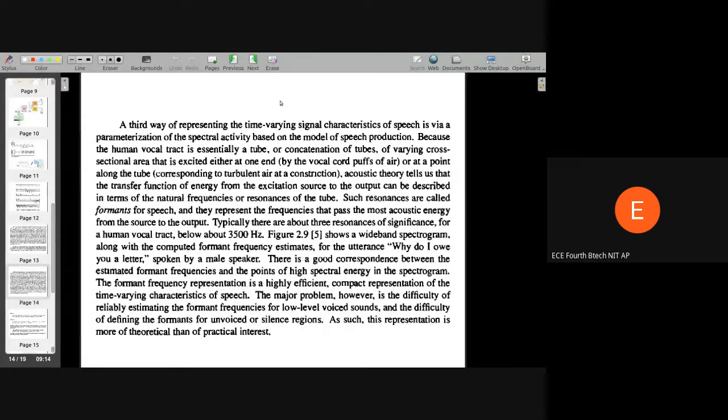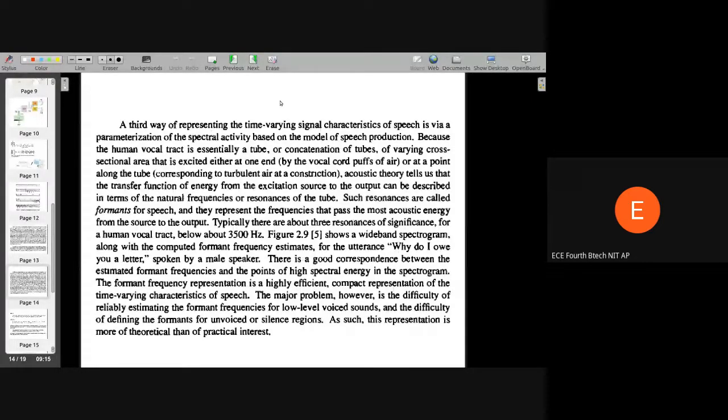The IPA has a vowel chart and a consonant chart, and the chart is divided based upon certain criteria. For vowels, you have roundedness and backness and all that. In consonant sounds, we have manner of articulation, place of articulation, and certain other things.